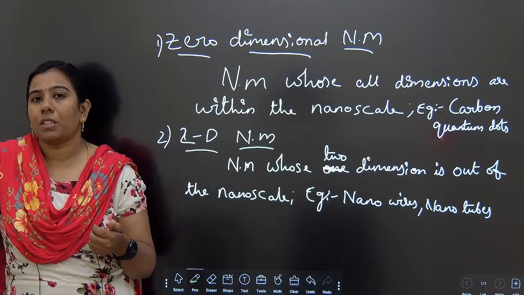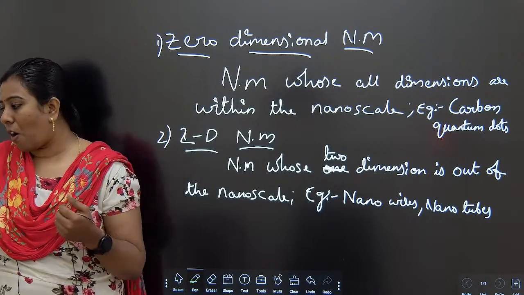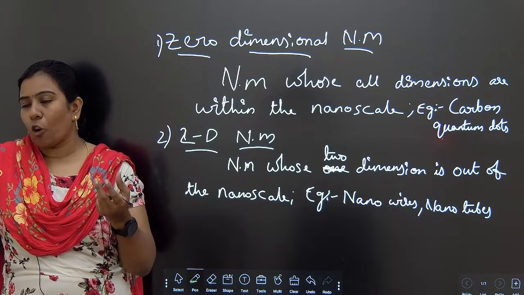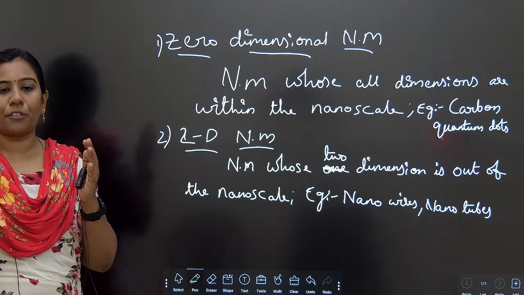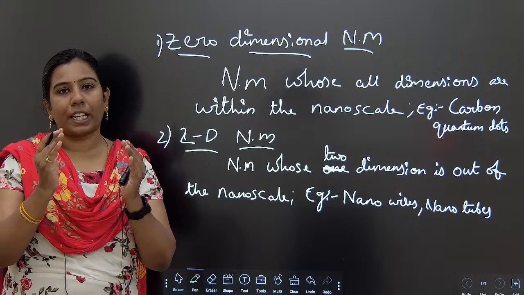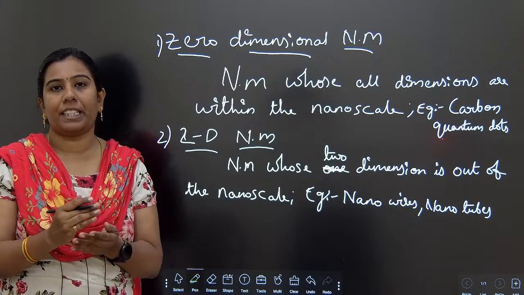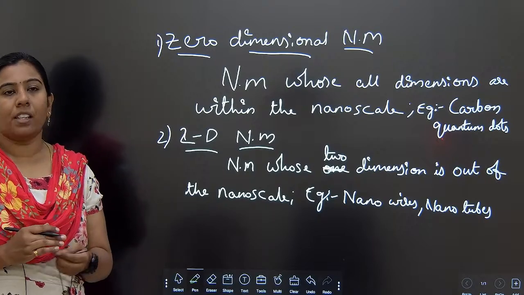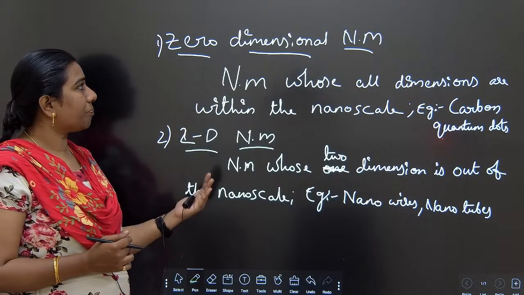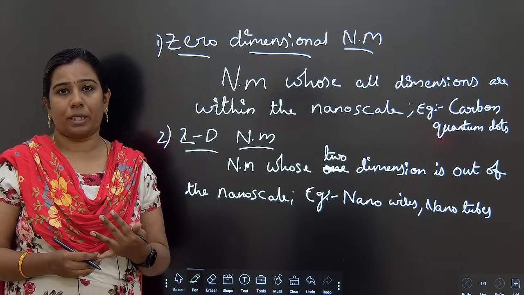Examples for that are bulk nanomaterials and bundles of nanowires. Okay, so this is about the types of nanomaterials.